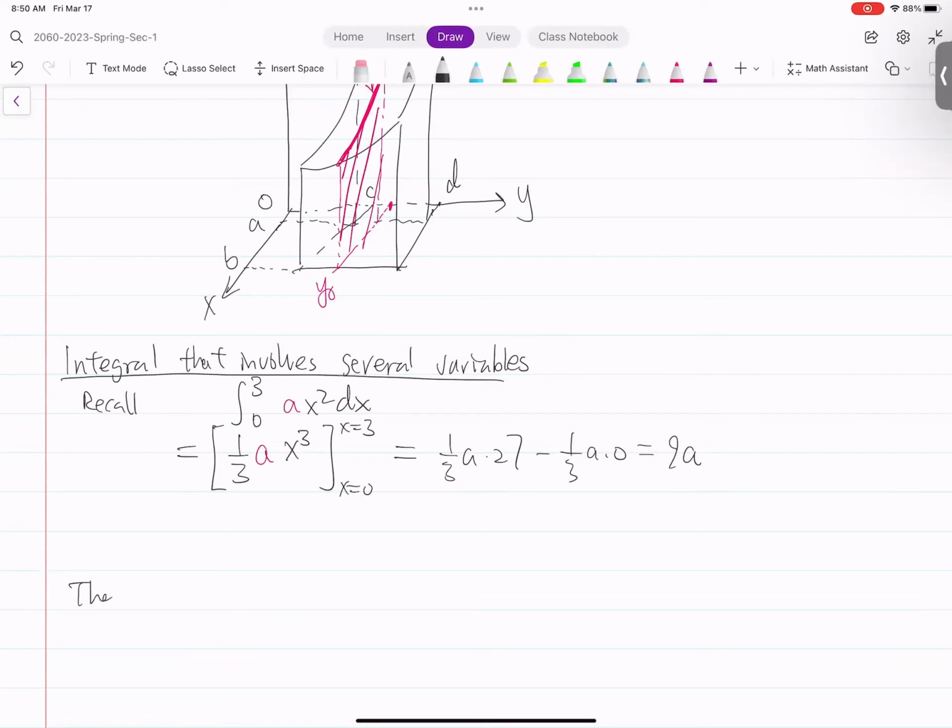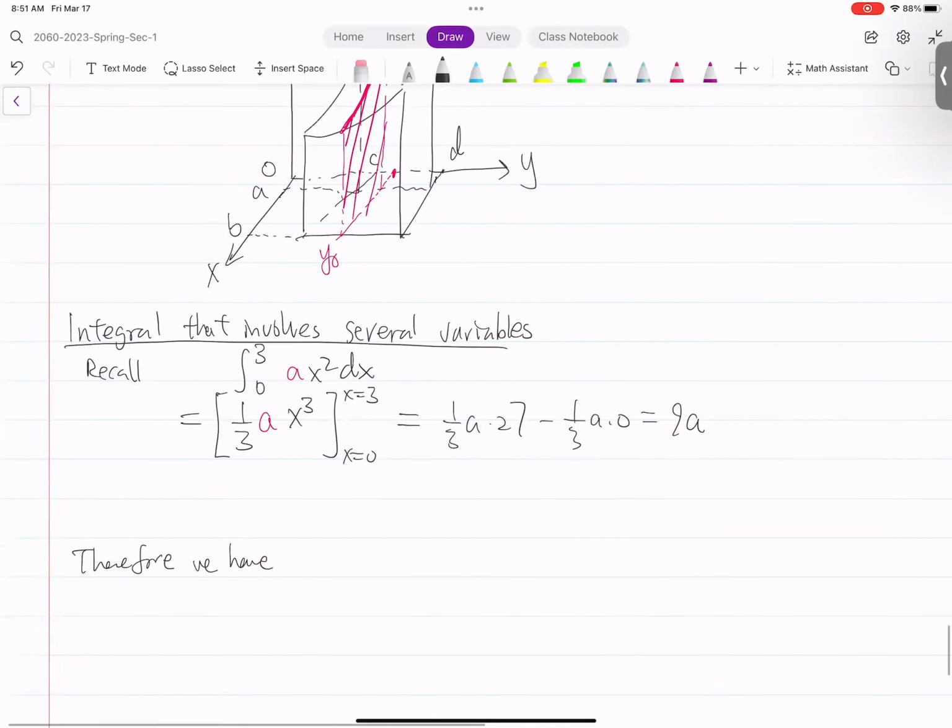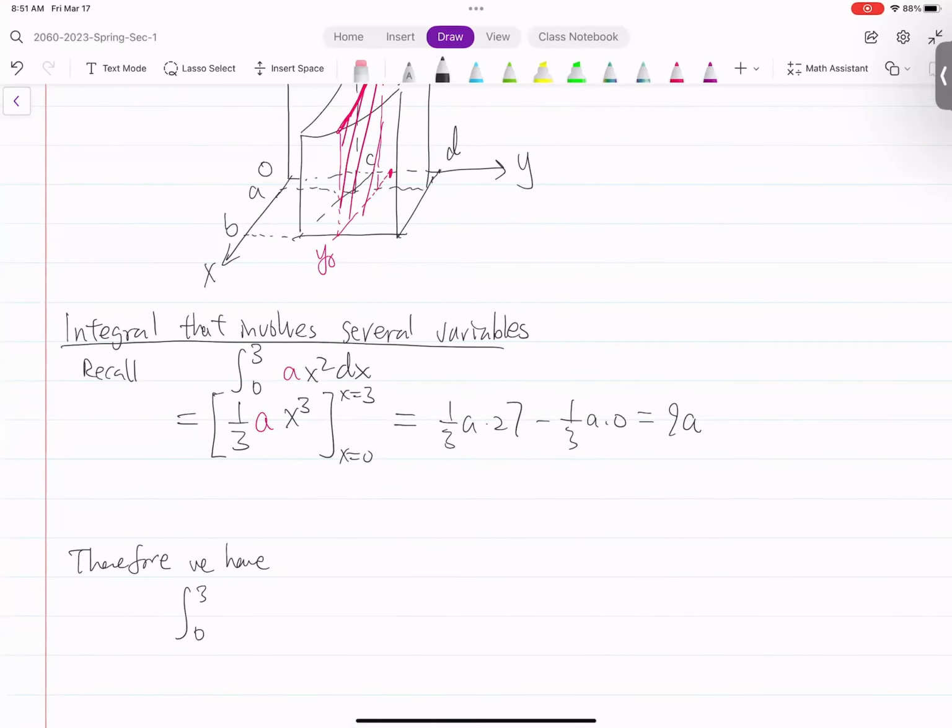So therefore, I'm going to quickly finish this integral because this is exactly the same thing. So I have y, x squared. I do the same integral, so it's still the same idea.